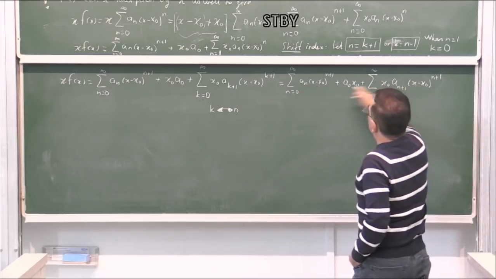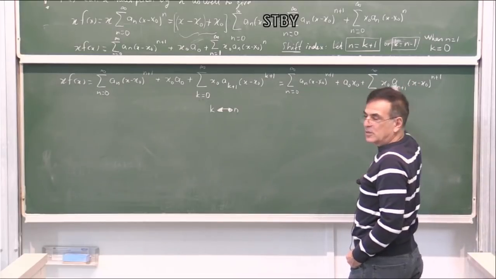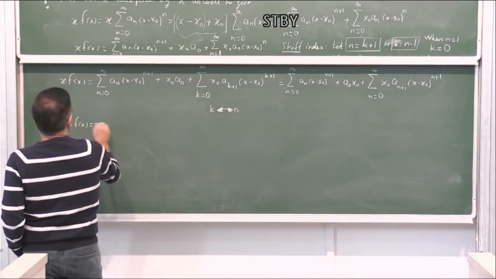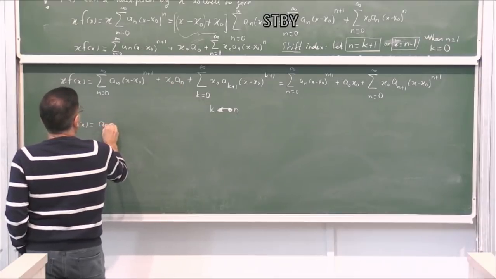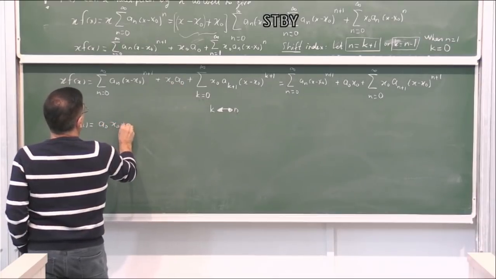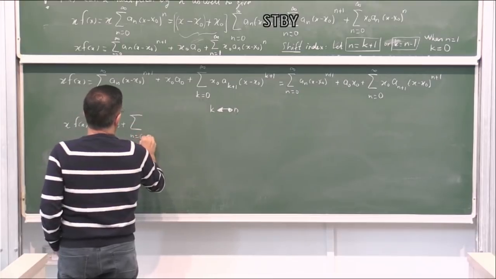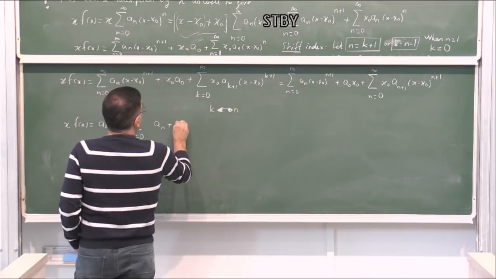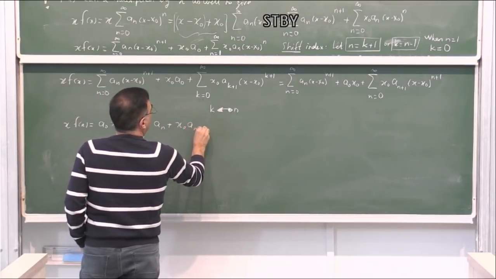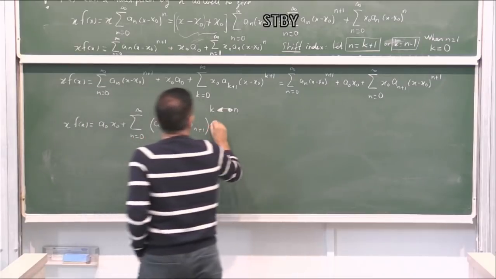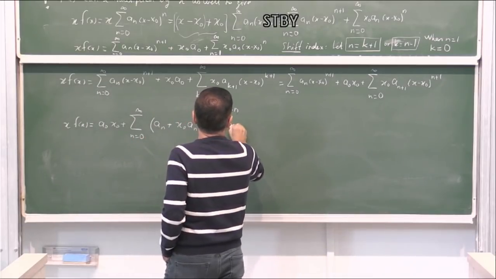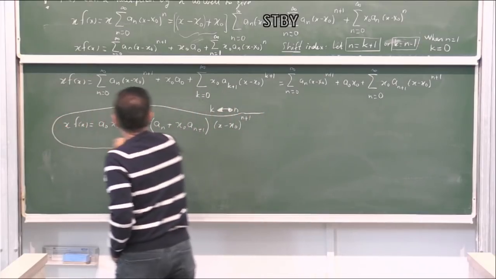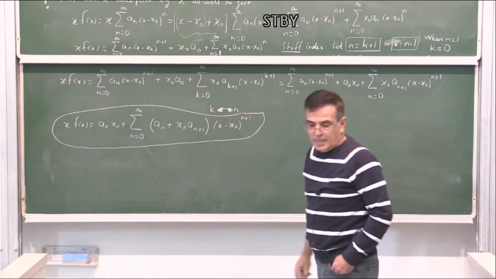Therefore, now the two series are similar, so they may be written under one sigma sign. So we have a0 x0 plus the sum from 0 up to infinity of an plus x0 an plus 1 times x minus x0 to n plus 1. Okay?